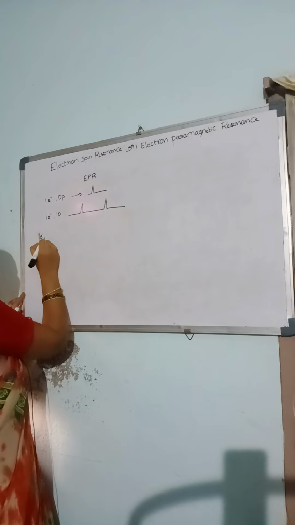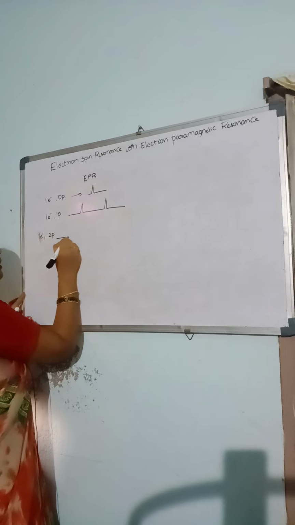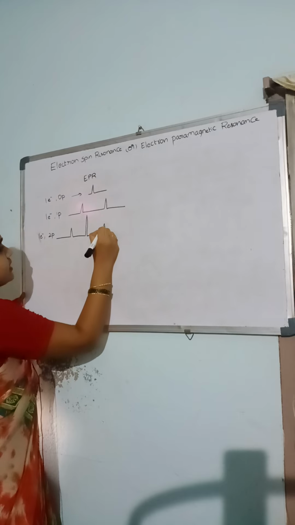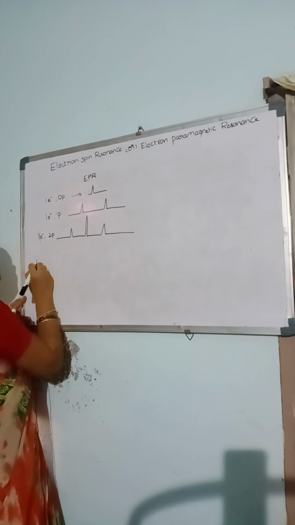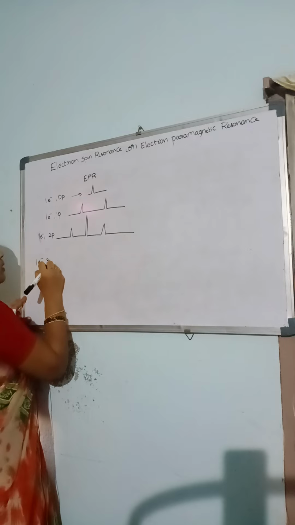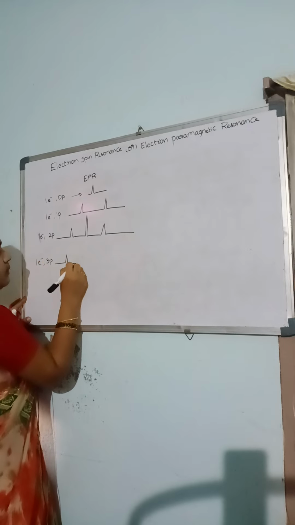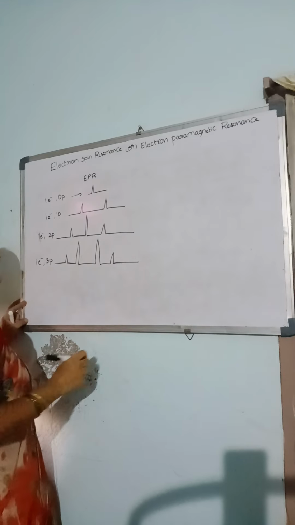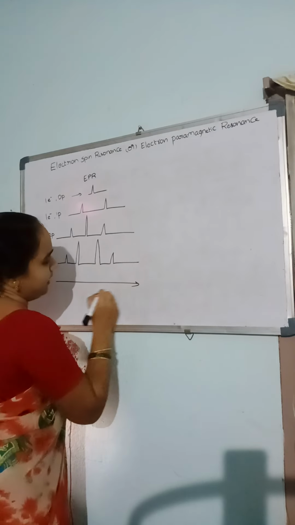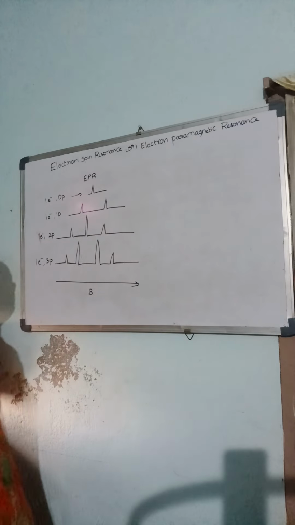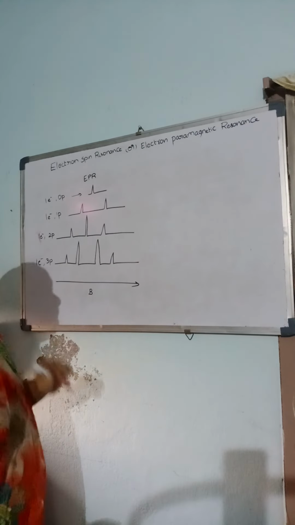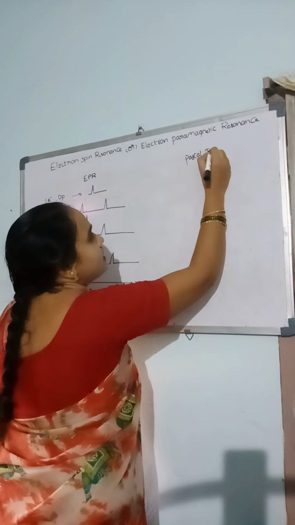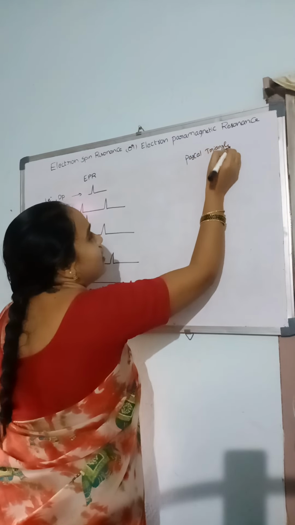For 1 electron and 2 protons, we got one spike with double intensity, another spike, next spike. For 1 electron and 3 protons, we got the spectrum like this by taking the magnetic field as reference. So this resembles Pascal's triangle. So what is Pascal's triangle? All of us know.